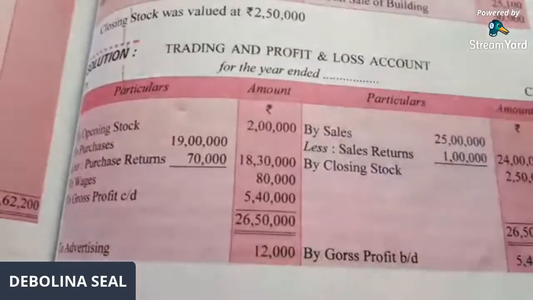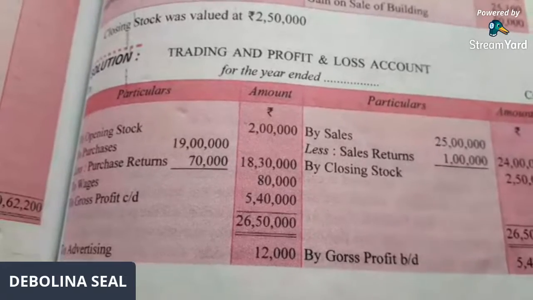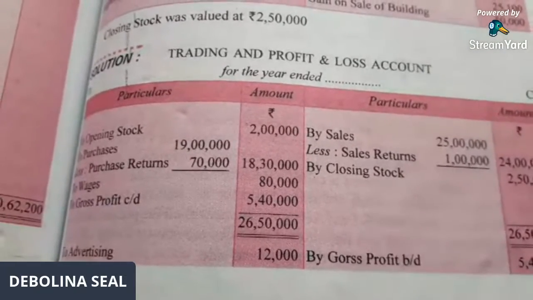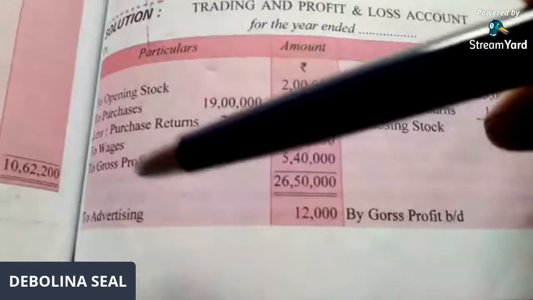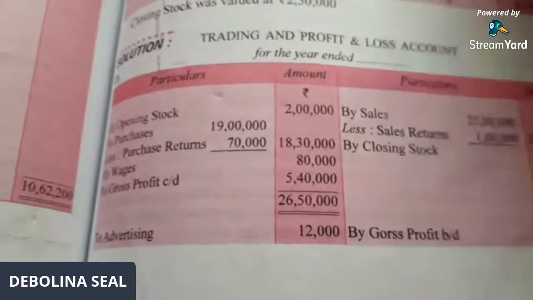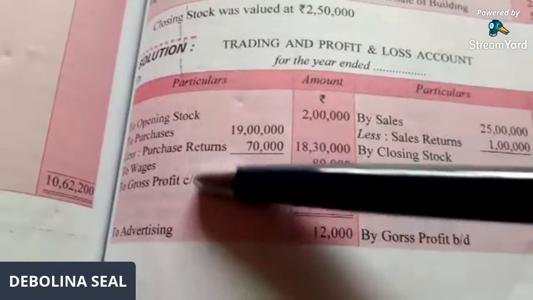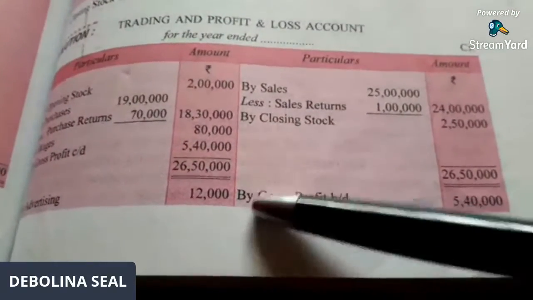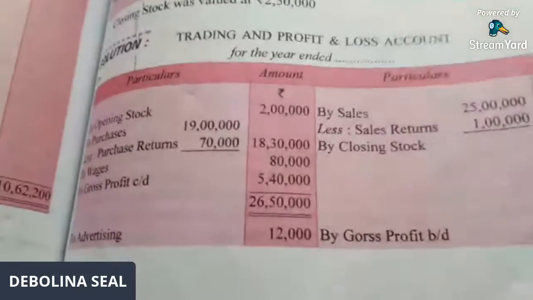Now let us come to operating profit. For operating profit we have told we are going to include all the office and administrative expense, selling and distribution expense. Office and administrative expense, what is coming? Advertising is coming. The gross profit which you have got, you are going to write on the credit side, by gross profit b/d. Next you will write the expense.